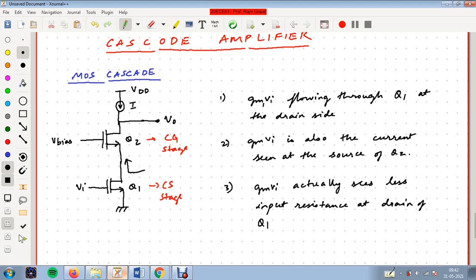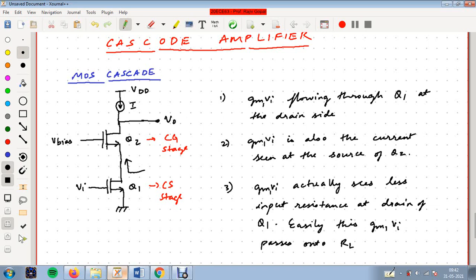And also, being a common gate amplifier, common gate amplifiers have less input impedance, so easily this gm1 Vi passes on to R.